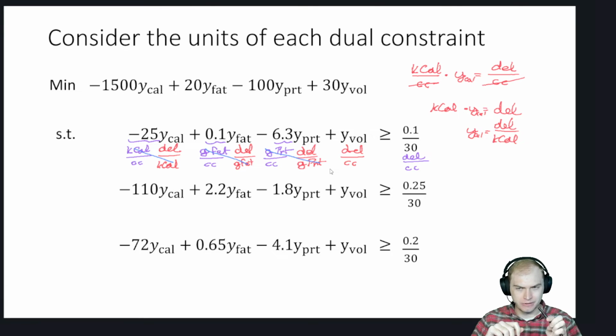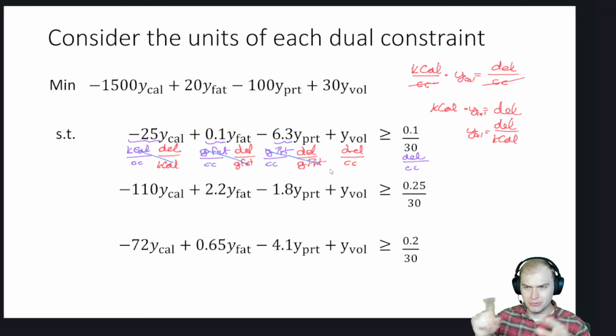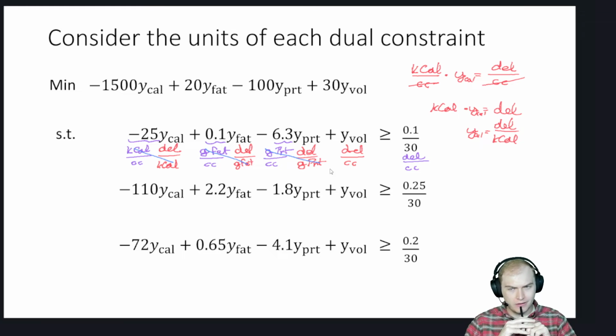That sounds circular, but it's really not. So what we can glean from this is that our y variables, our dual variables, have a unit, and that unit is meaningful to the overall problem. And we'll explore that shortly.